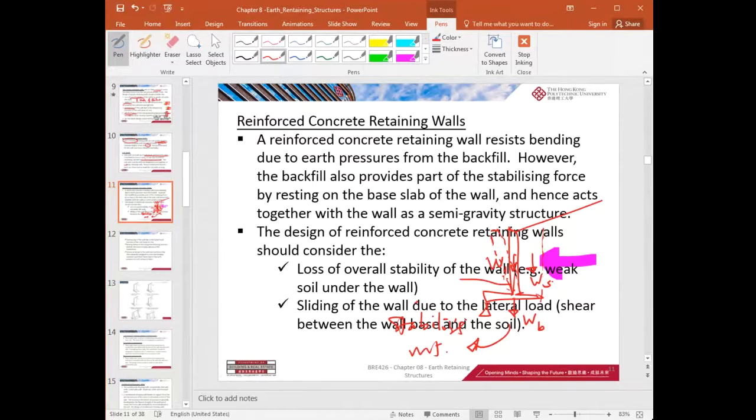So it's clockwise, right? While here, for this one, it gives you an overturning moment, right? Here's the overturning moment.